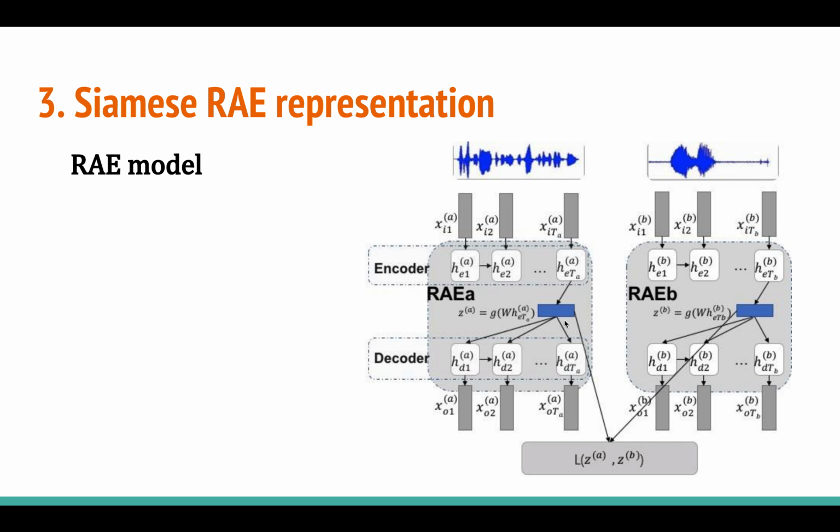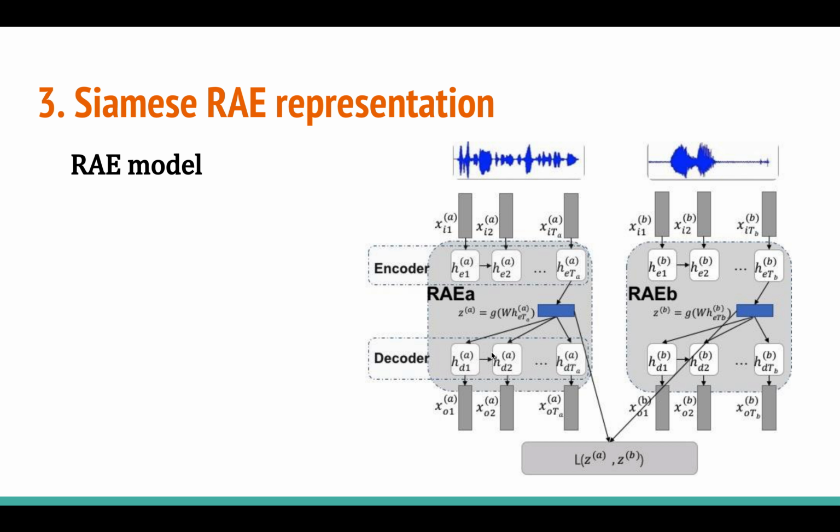The decoder does the job opposite to the encoder. The encoder encodes the input from features to a high level representation, and the decoder should be able to reconstruct back what was given as input to the encoder, by taking as input this ZA, which is represented here.